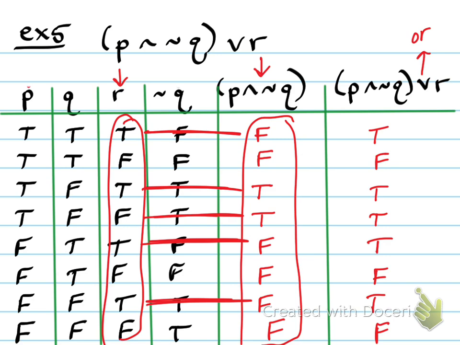There's another way to get a truth value, and that is without making a truth table. So this is nice also.